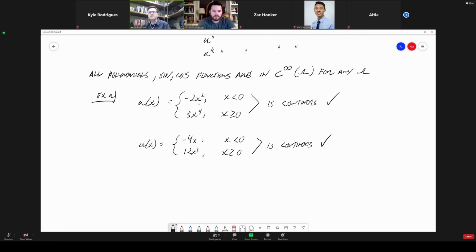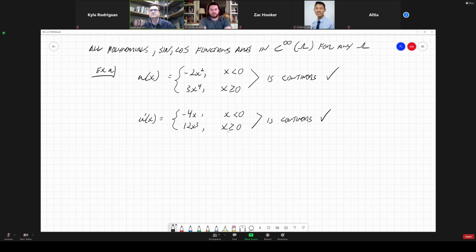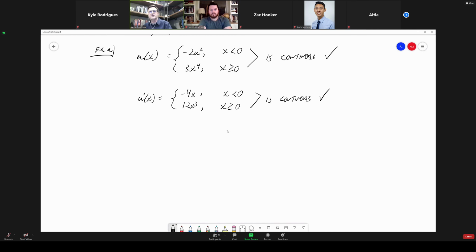Yep, that's u prime. It's continuous. And then we check u double prime, and that is minus 4 for x less than 0 and 36x squared for x greater than or equal to 0.